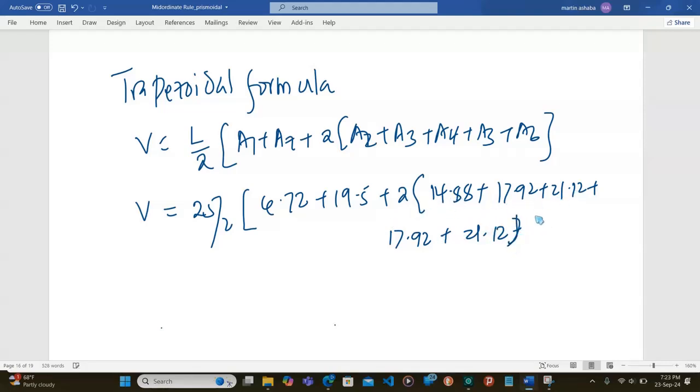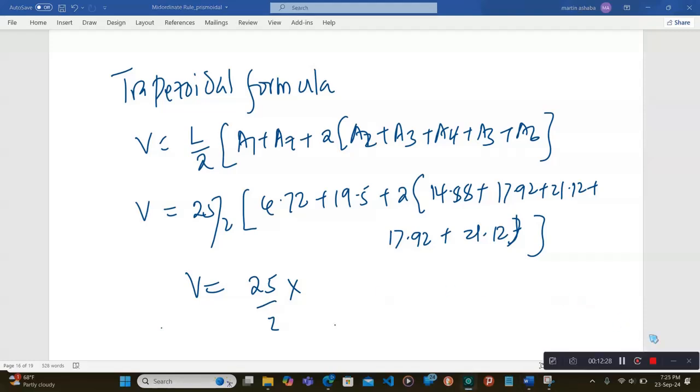So this is done. And what is going to be the volume? The volume according to the trapezium rule or the trapezoidal formula is going to be 25 over 2 into the sum.